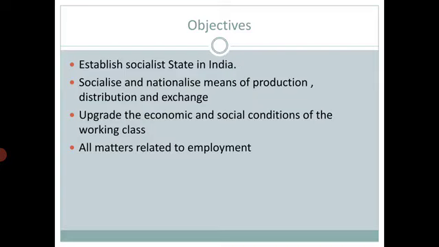Then, to coordinate the activities of the labor unions affiliated to the AITUC, to abolish the political or economic advantage based on caste, creed, community, race, or religion.